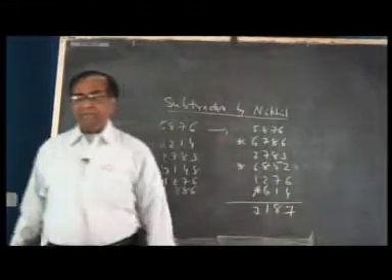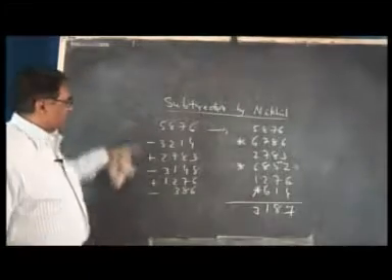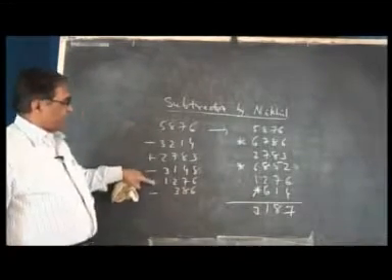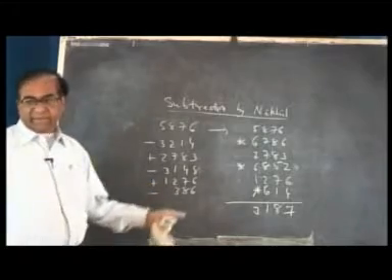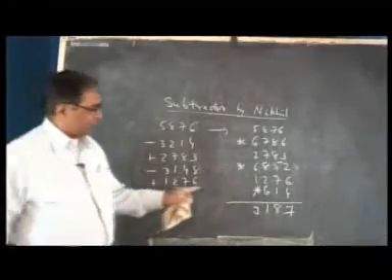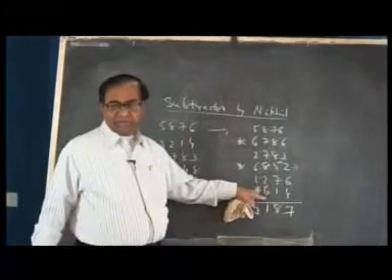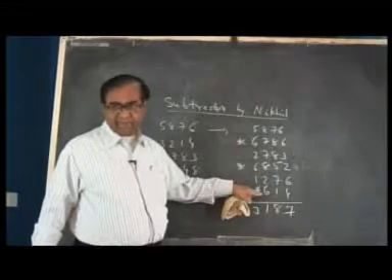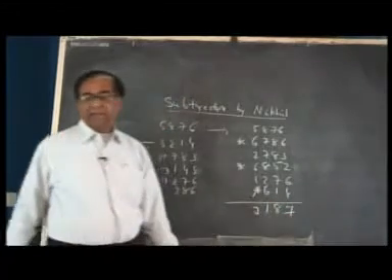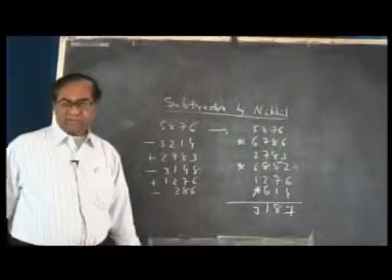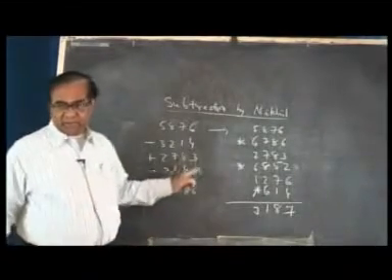This is the answer. So you can see you don't need to add these 3 and add these 3 and then subtract. Only you should put Nikhilesh to be subtracted and the remaining is Nikhil. Nikhil to be added, Nikhilesh to be subtracted. So it becomes very simple.